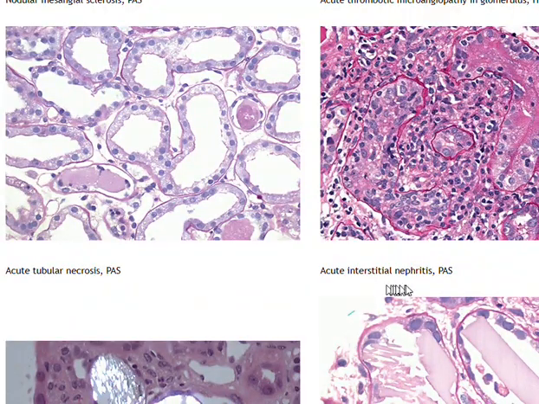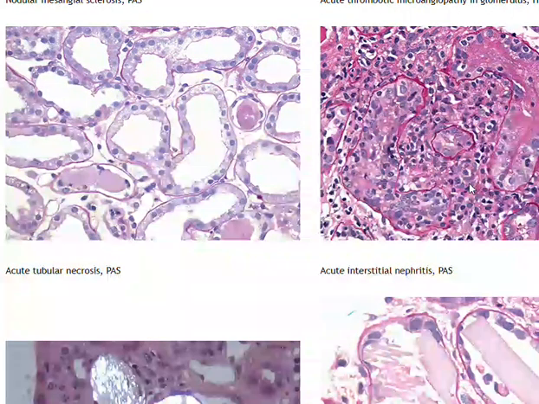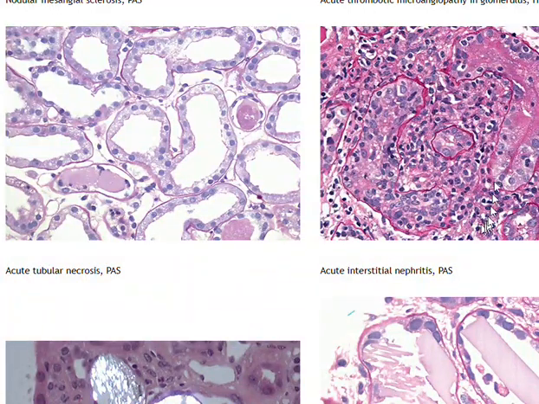We can see that all the tubular cells are necrosed and atrophied. And then acute interstitial nephritis, PAS staining. You can see a lot of this interstitial infiltration.